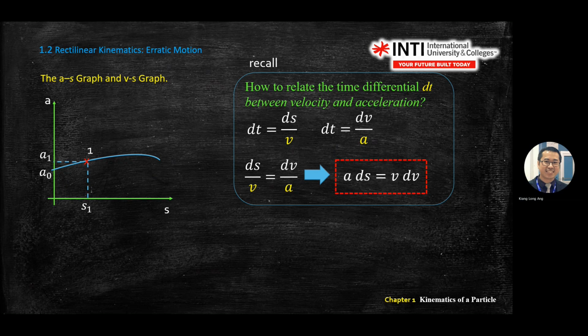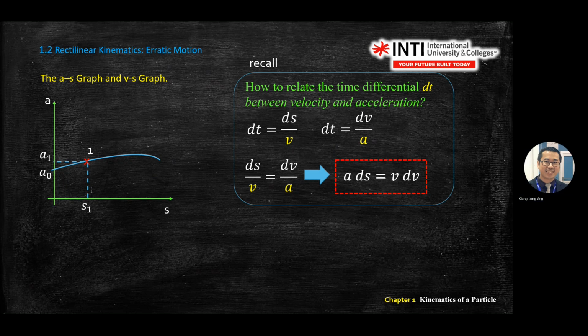Just now, you still remember in chapter 1 before this, we use the definition of velocity, we take the t out. The definition of acceleration, we take the t out. We put them the same, meaning for both graphs, we freeze at that particular time. Then we arrive at A ds equals V dV. You have the AS graph, you have the V graph. So from here, integrating this becomes the area under the graph. You get V, right?